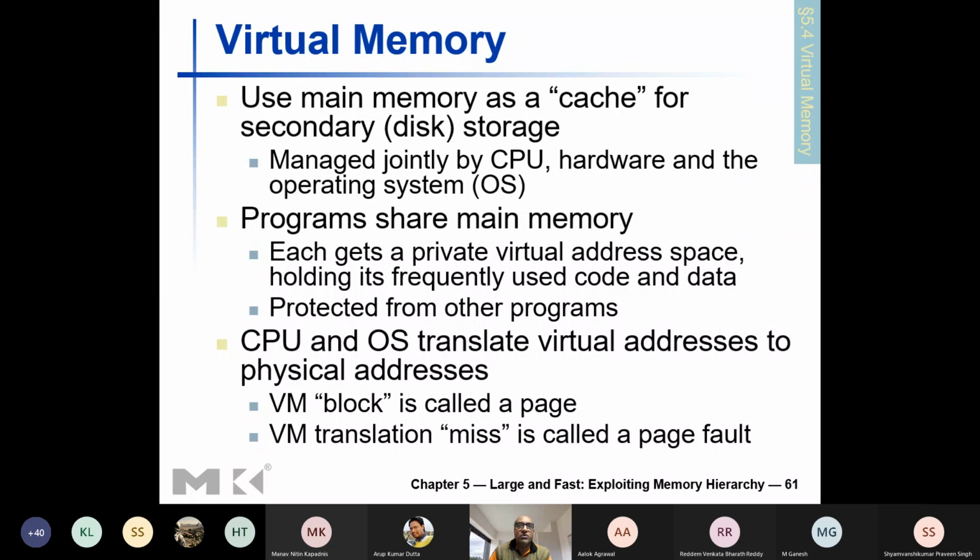A part of a program is stored in main memory, and the entire programs are actually kept in the secondary storage or disk storage. But main memory provides a view that it can hold the entire program and execute the whole program. In reality, only a part is placed in main memory, and the entire program is placed in secondary memory.